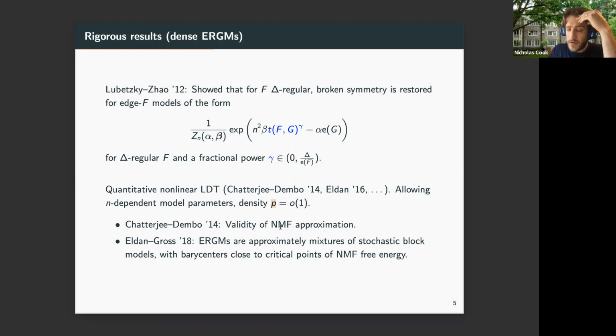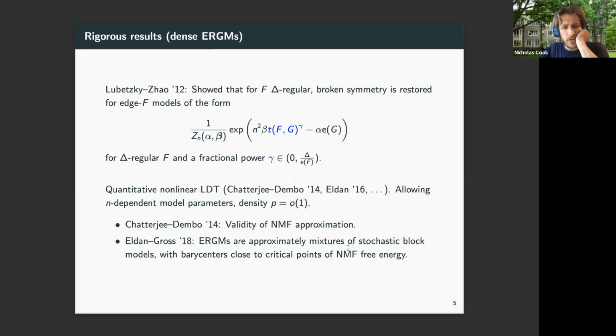So all of these previous results, things were scaled in the exponential so that typical samples will have on the order of n squared edges, which I call dense. So this nonlinear large deviation theory allowed for some of these results to be extended to the case that the density is going to 0 with n.